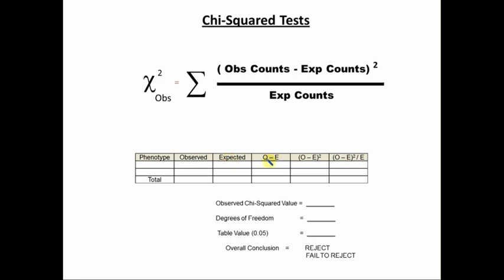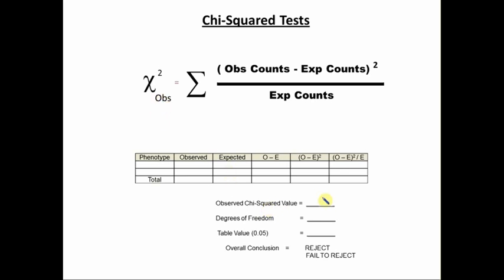Observed minus expected, found here, which is the top part of this equation. Observed minus expected squared, so we just take this cell and we square it. And then the observed minus the expected squared divided by the expected. That's this whole part of the equation right here.